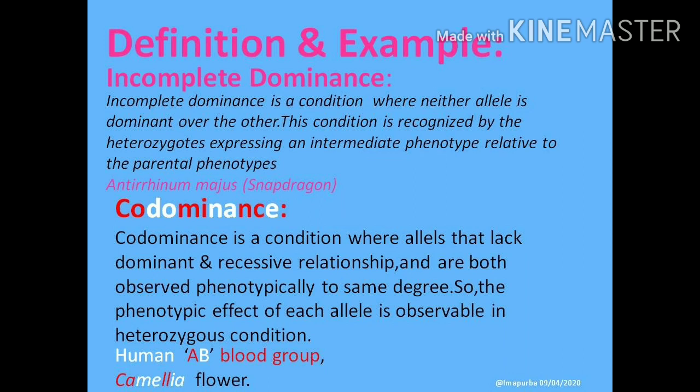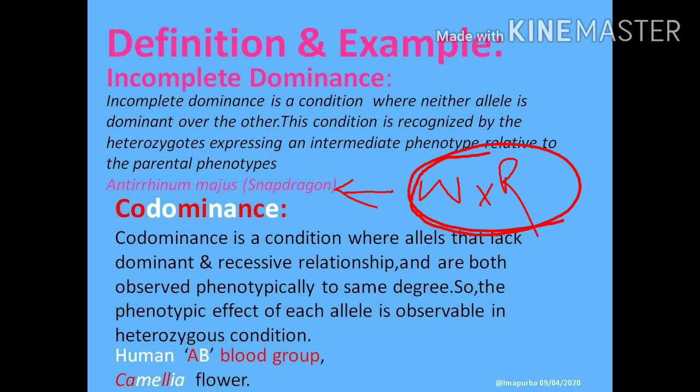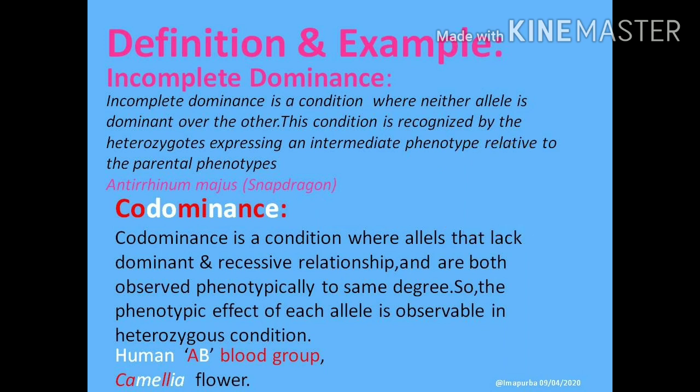This I have already discussed more than once, so I hope it is clear to you that intermediate phenotype means a completely new phenotype which is quite different from both parents. For example, Antirrhinum majus, the snapdragon flower, is a very good example of incomplete dominance. Why? Because a pink Antirrhinum majus is a product of white and red parents of snapdragon.